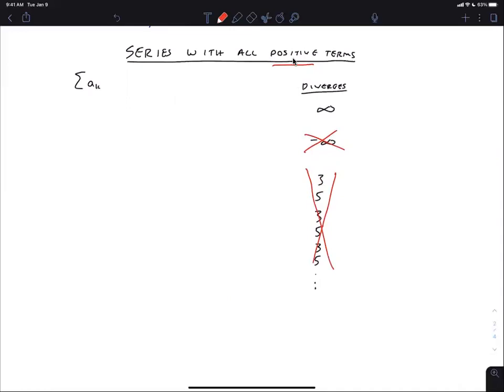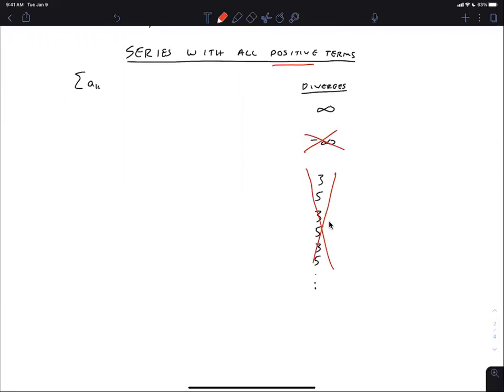Now, in general, that's not true, but when they're all positive, that is true. So for series with all positive terms, it either converges or it diverges because it goes to infinity, not because it does one of these other things.